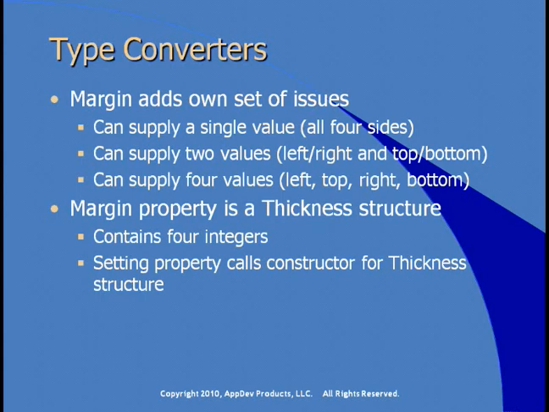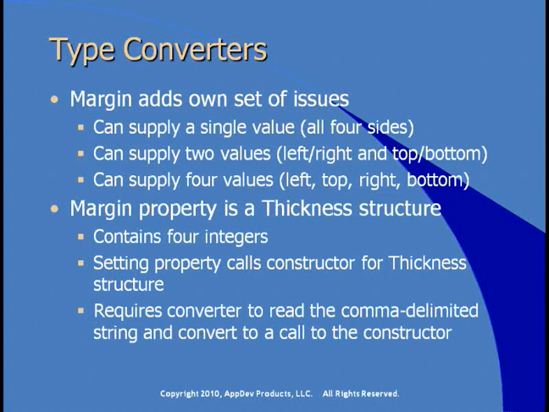It also converts them from a string into integers. Somewhere there has to be a converter to read that comma-delimited list of strings and convert to a call to the constructor for that class. You can create your own type converters as well. This one is built into the .NET Framework.